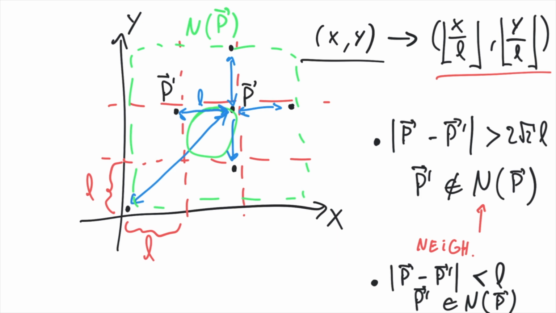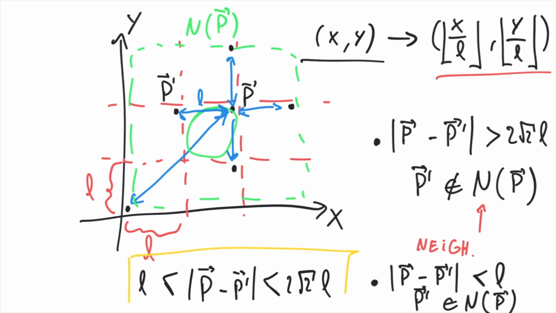Now the question is, what happens when we have the distance between P and P prime that is at the same time less than 2 square root of 2 L but greater than L? So we have considered all the other cases. These are the cases where we don't know whether P prime belongs to the neighborhood of P or not.